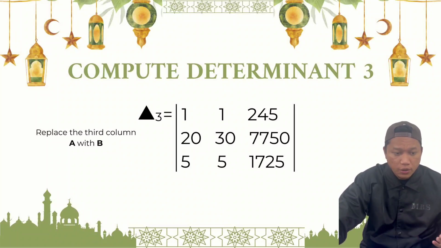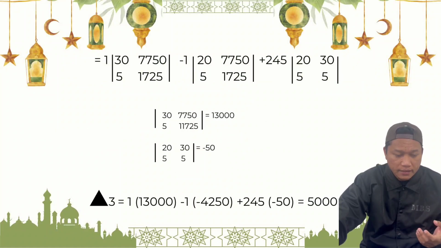Expanding along the first row, we use cofactor expansion: 1 times [30, 7,750; 5, 1,725] minus 1 times [20, 7,750; 5, 1,725] plus 245 times [20, 30; 5, 5].